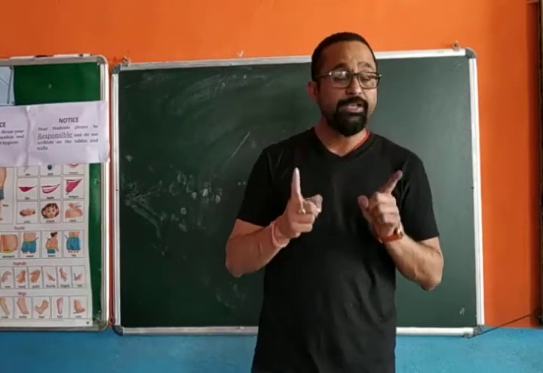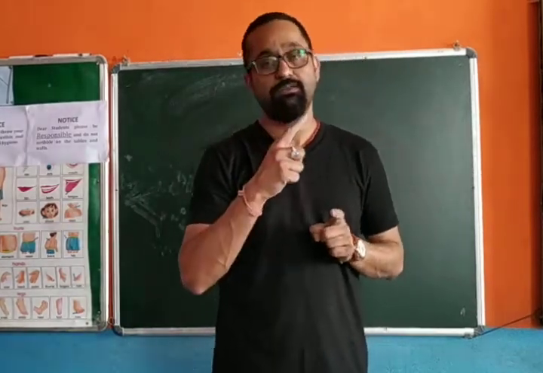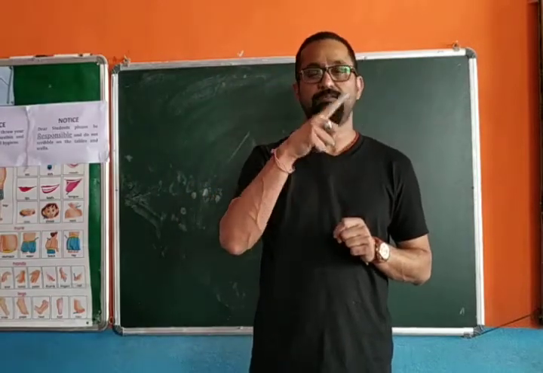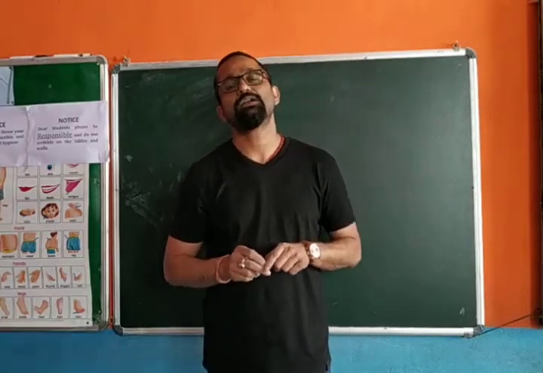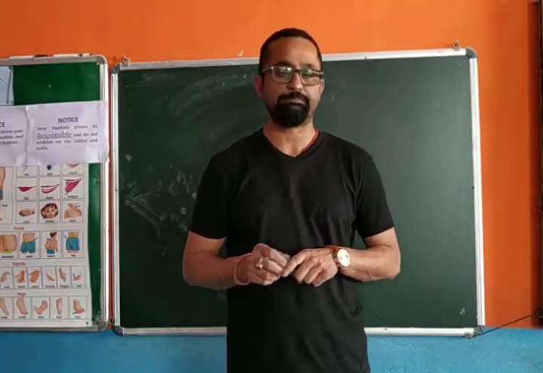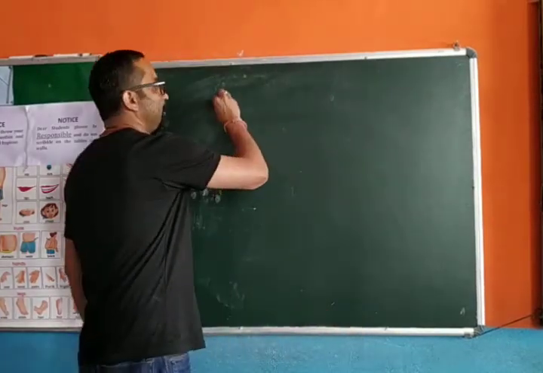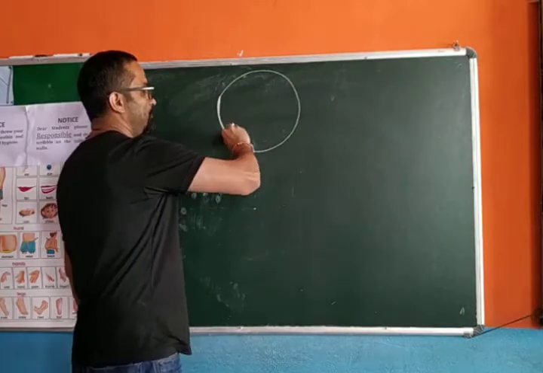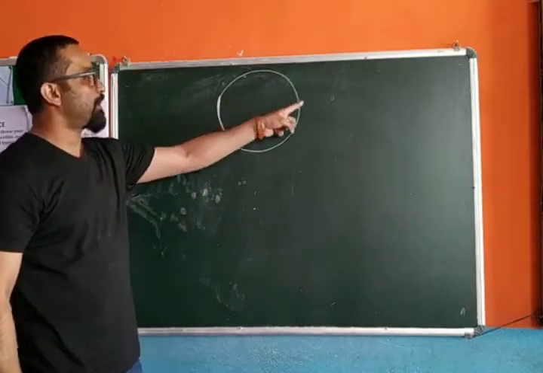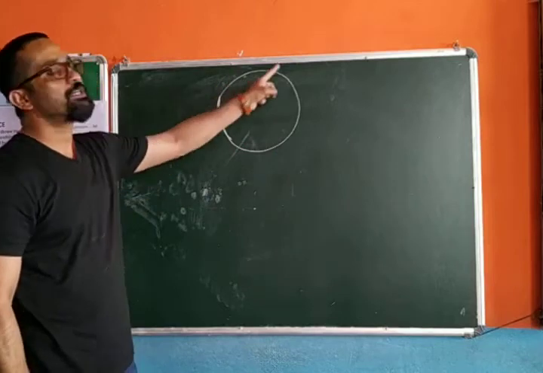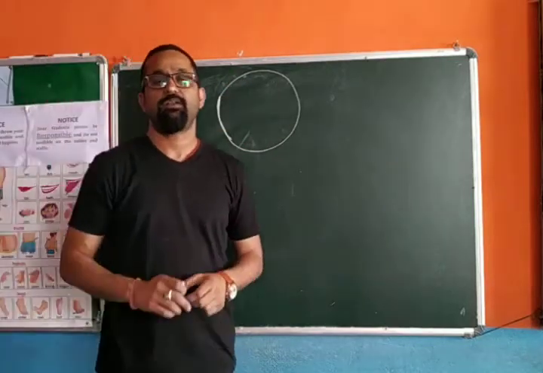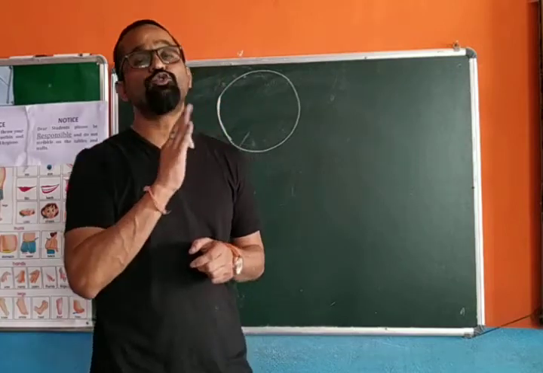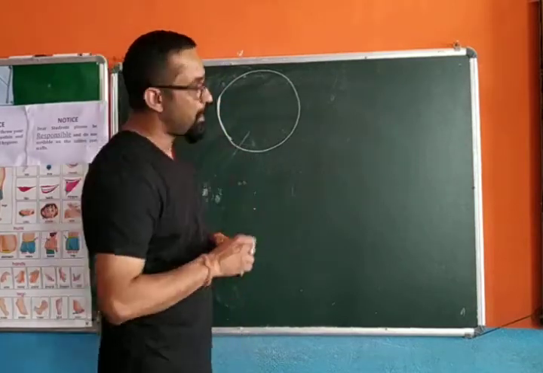The boundary of a closed figure which is bounded by curved lines is known as curvilinear boundary. Like you have a circle. The boundary of this circle is bounded by curved lines. So the boundary is called curvilinear boundary.